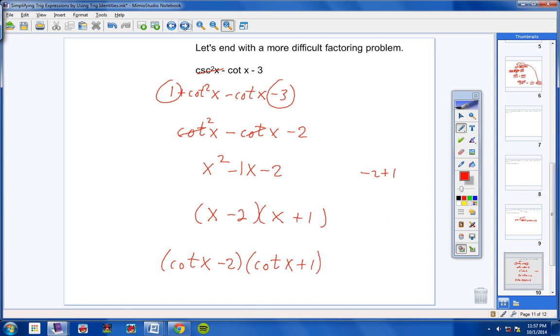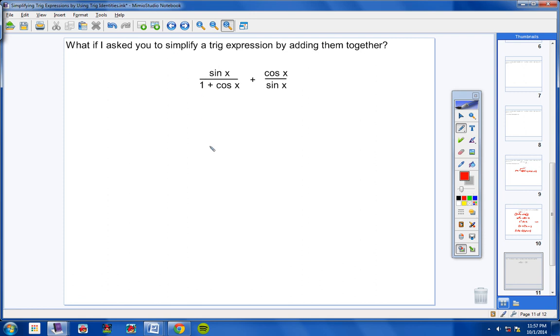Okay, moving on. What if I asked you to simplify a trig expression by adding them together? Well, we should be able to do this, students. Come on, look. First of all, I have to have a common denominator.